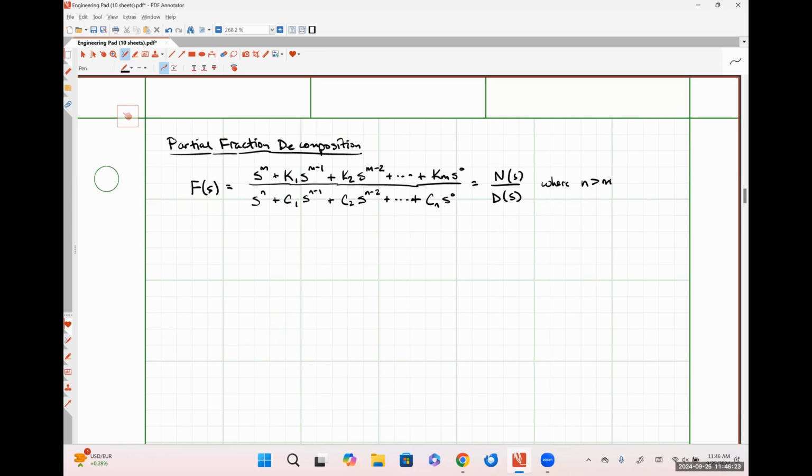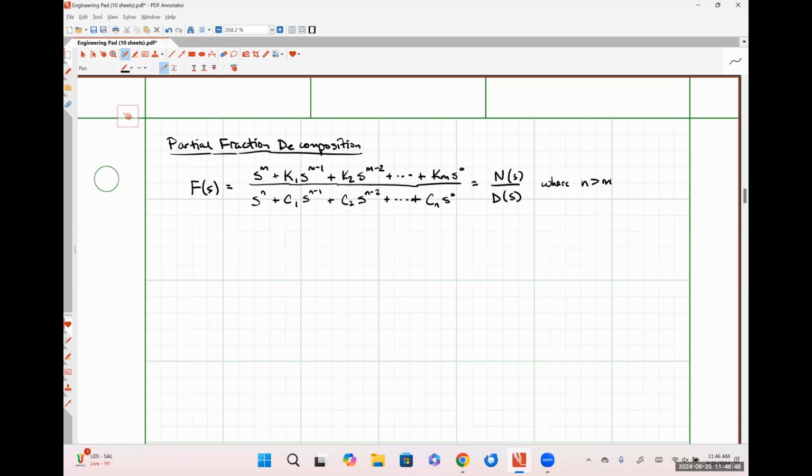Okay. So this is our generic thing. All right. So whenever we have a system like this, we can decompose it into smaller order terms, okay?